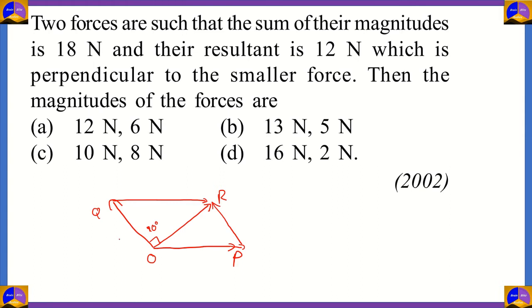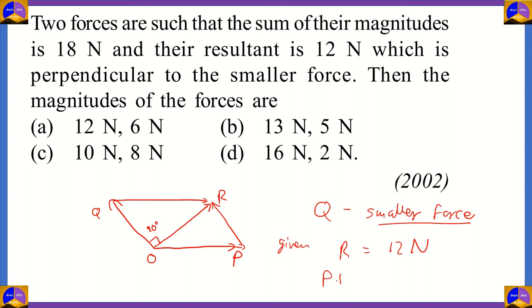So over here we'll consider Q as the smaller force. These vectors are force vectors, so if we consider vector Q as smaller, then it contains the smaller force. Now in the question it is given that the resultant R is 12 newtons and the sum of the magnitudes of the two forces is equal to 18 newtons.